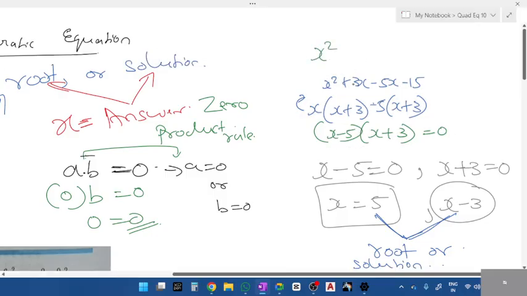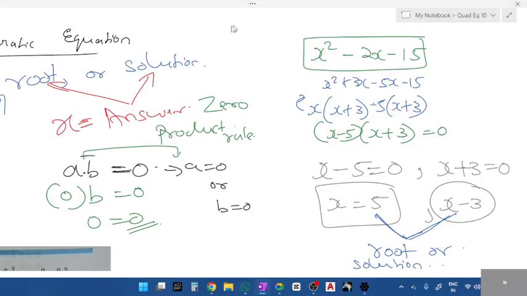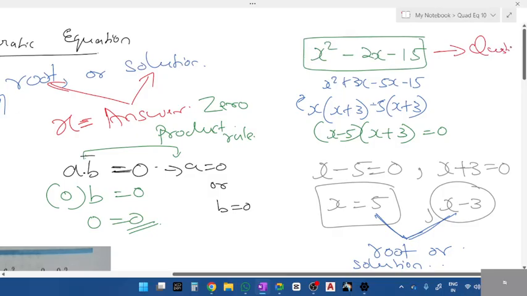Plus 3 minus 5 is minus 2x. So x square minus 2x minus 15. Can you see? We got the equation, right? I took a random value, students. This is the actual question. That's the reason I took some random value and tried to explain in this way.